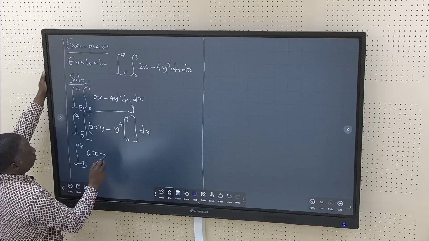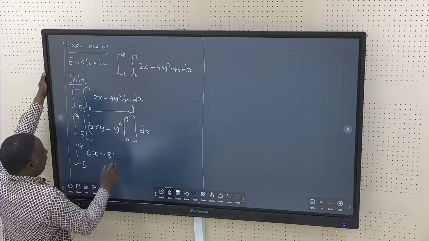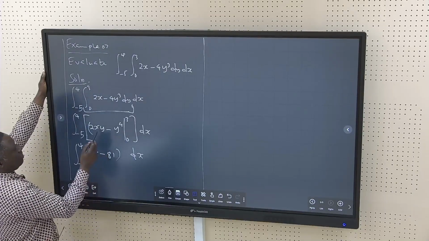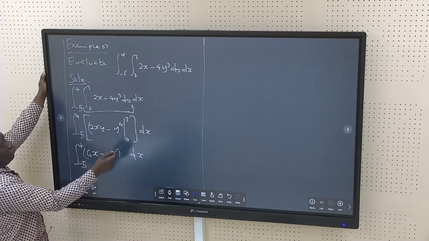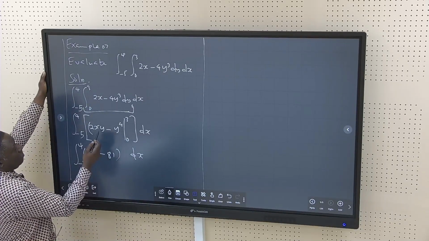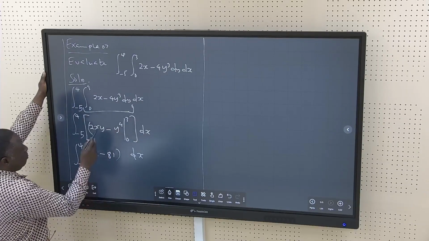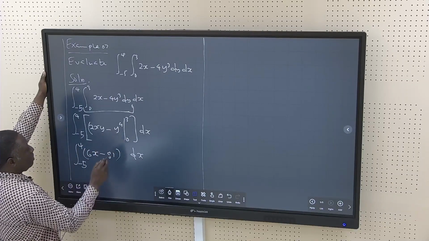So 3 times 2 is 6x, minus 3⁴, which is 81, with respect to x. Why? Because when y equals 0, both terms are 0, so you just ignore the second substitution. We just substitute 3 there: 6x, and 3⁴ is 81.